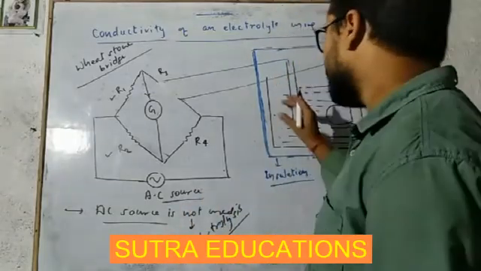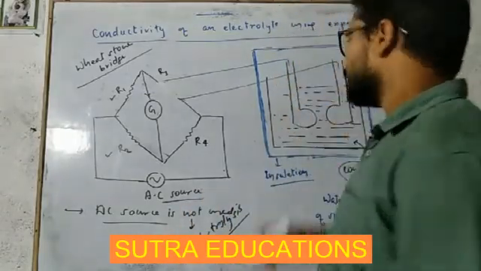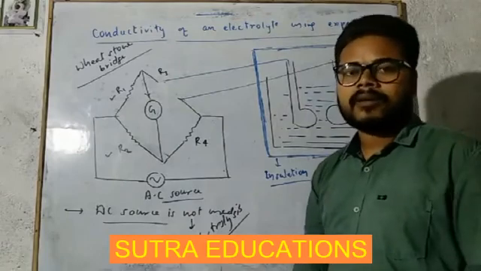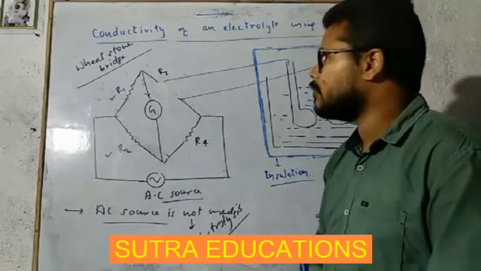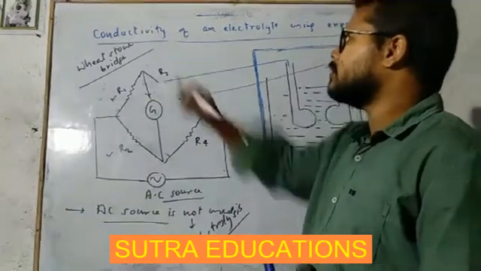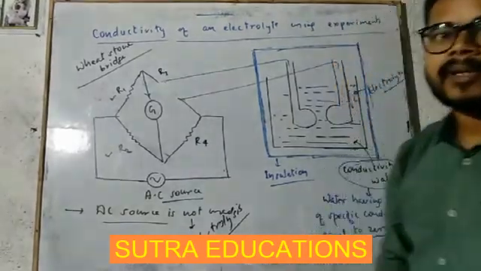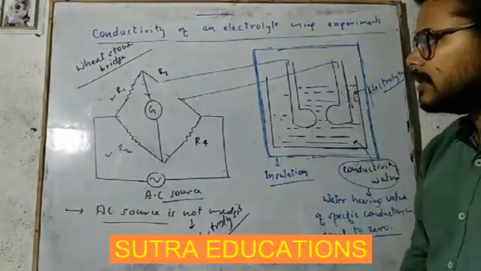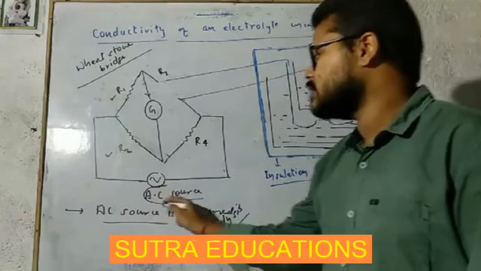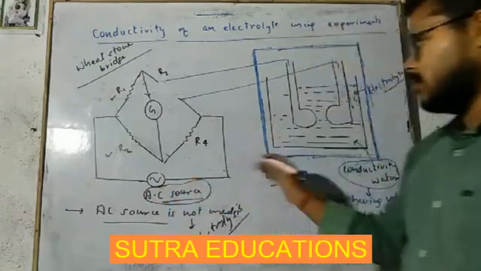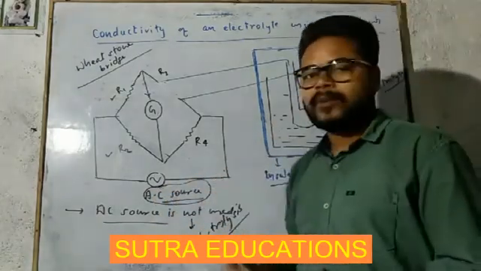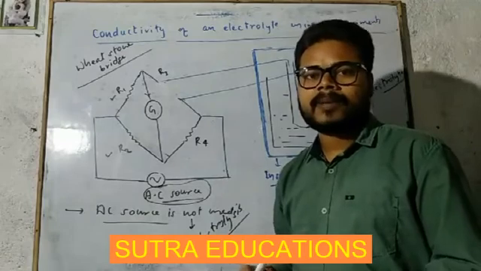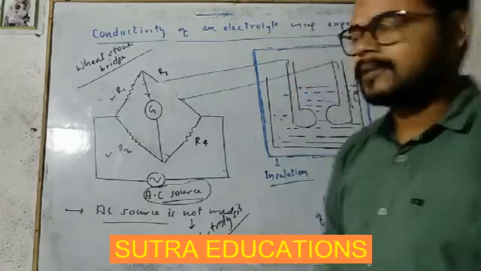And if ions are deposited on the electrodes, then obviously we are not going to get the correct value of conductivity of the electrolyte. So that's why, to avoid this, we use an AC source. Getting me? Okay.